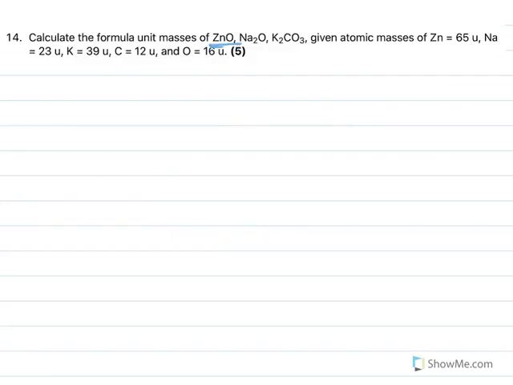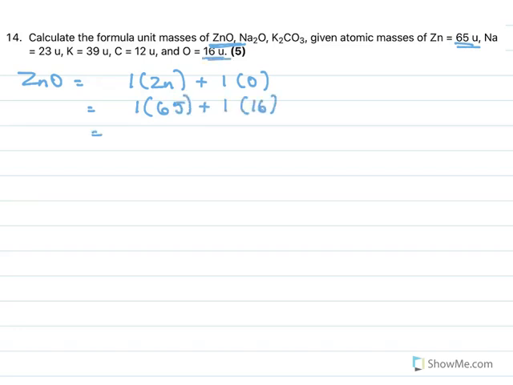Calculate the formula unit mass of zinc oxide. So we have zinc oxide will be 1 zinc plus 1 oxygen. Atomic mass of zinc they given is 65. So 1 into 65. Oxygen is 16. It's given to you. So 65 plus 16.